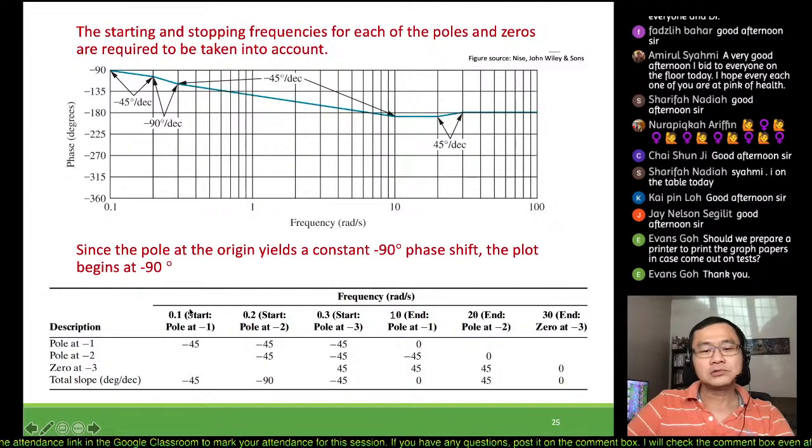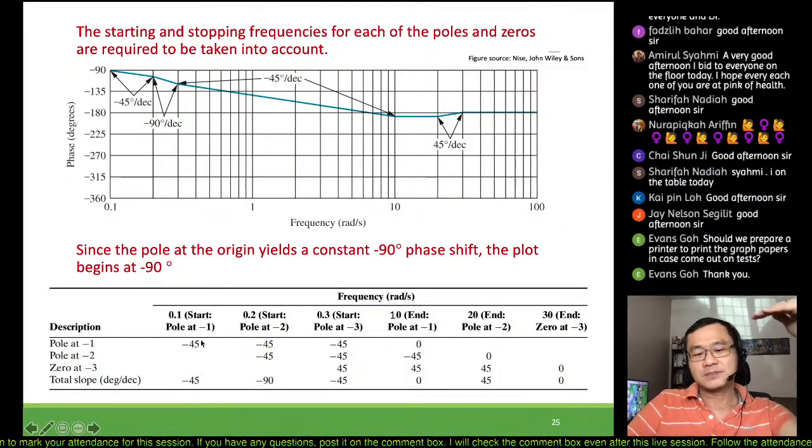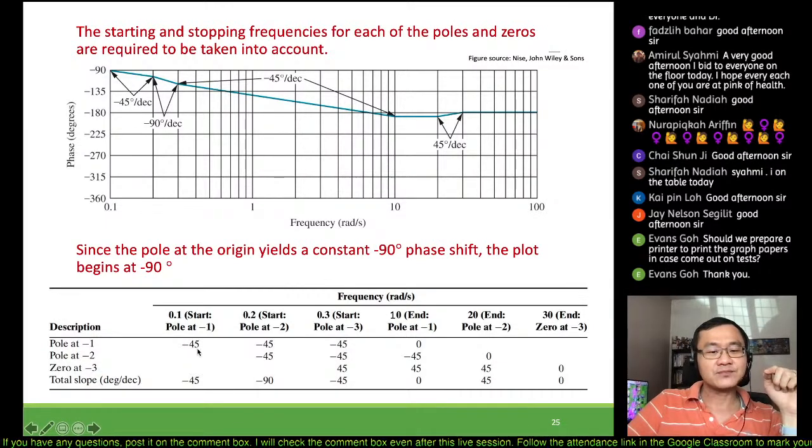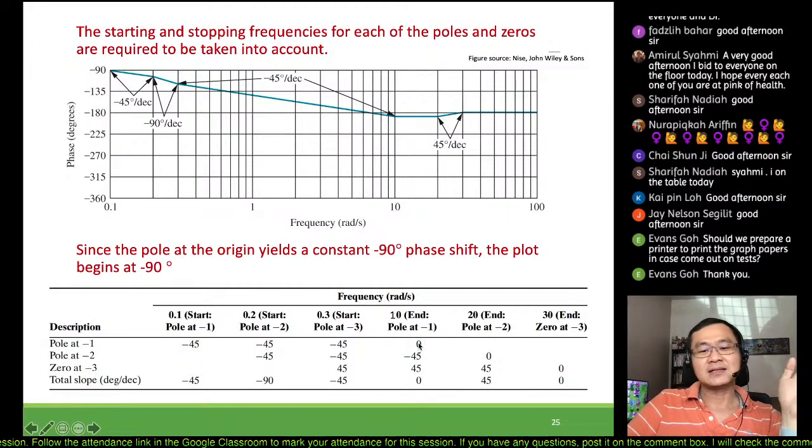So you can see that for the pole it's -45, right? But that's why you have to write start and end. This is where it starts, and then at this particular point it ends, it becomes 0.